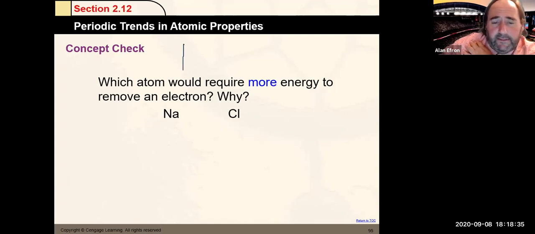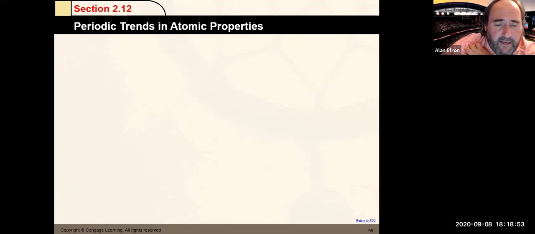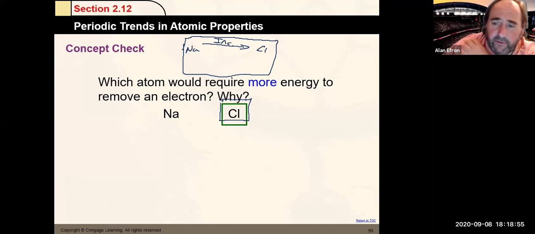In this case, if you just think about the locations, we have sodium on this end and chlorine on this end. Remember, ionization energy increases as we go this way. And you would be correct. It is chlorine that should take more energy to remove an electron from. When we go to the right, we have greater positive charge, bringing those electrons in.